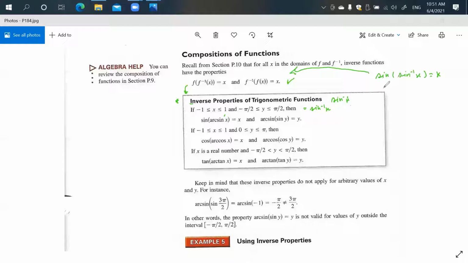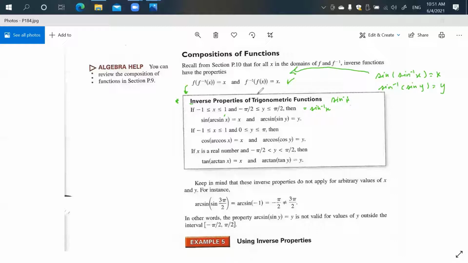So inside is the x value, the number. At the same time, if you have arc sine of sine y, it will equal y. This is an inverse of the function, so it becomes y. This is like a cancellation. You can simplify it that way.